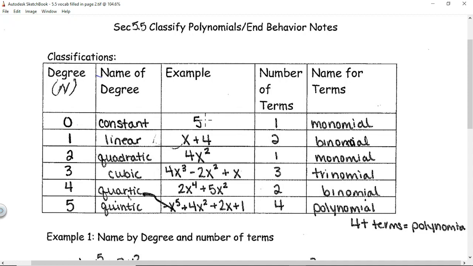Because we can just add those together and get just one number. So the name for the terms is a monomial in this particular example.